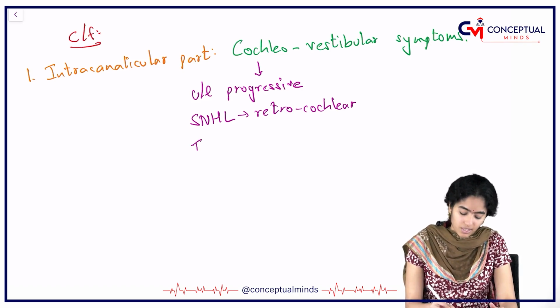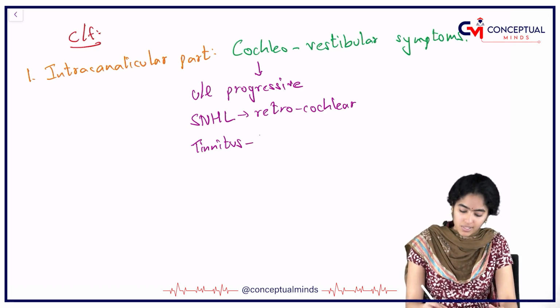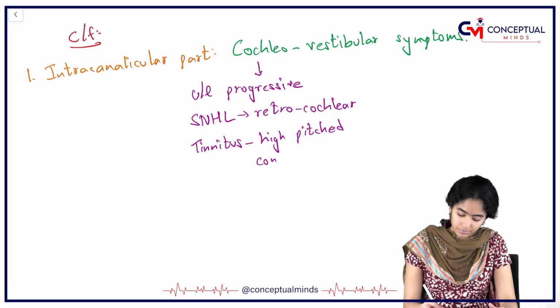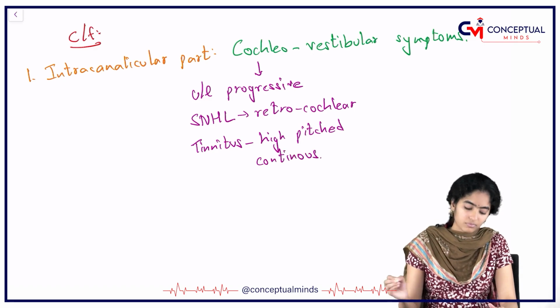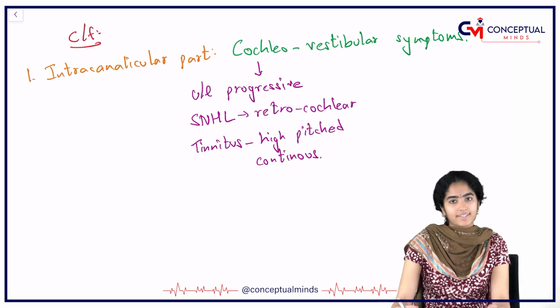Apart from this, there is tinnitus also, ringing sensation in the ear. And what type of tinnitus is it? It is high pitched and continuous type. So this is about the cochlear symptoms.